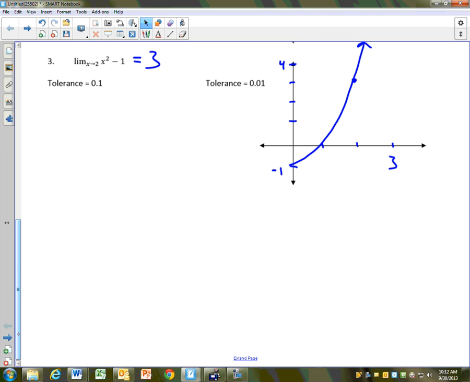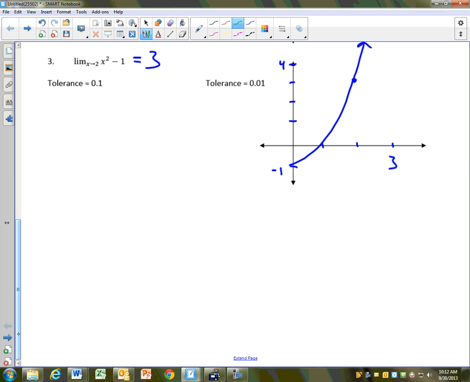All right. Now I want you guys to know something. My drawing is not going to be to scale. Because if we want to arrive within a tolerance of 0.1 or a tolerance of 0.01 of the limit, there's no way that my sketching can be that close. So it's okay if from this point out it's not going to be accurate.